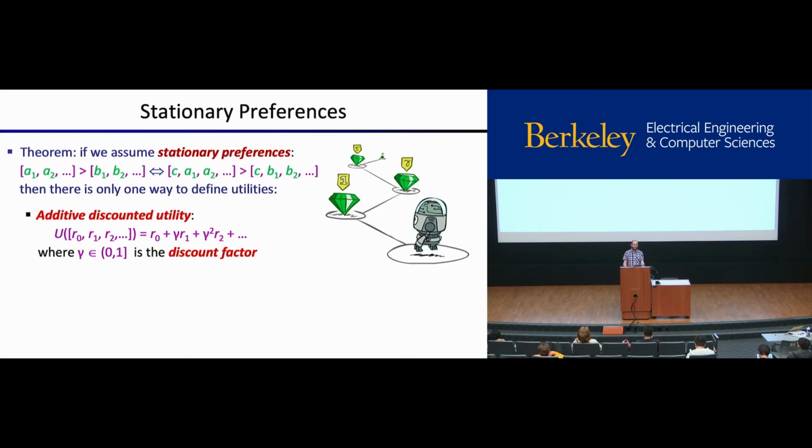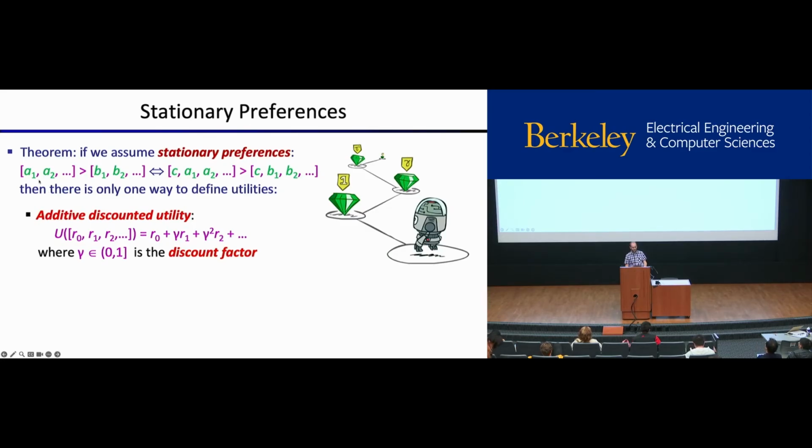So if we add one more assumption about preferences, and I'm not going to call this necessary for rationality, but if you're inclined to, you're welcome to. This is one more assumption about preferences that would lead to a constraint on your utility function. That is, if you prefer this sequence to that sequence, then prepending an identical prize to each of those sequences should preserve your preferences.